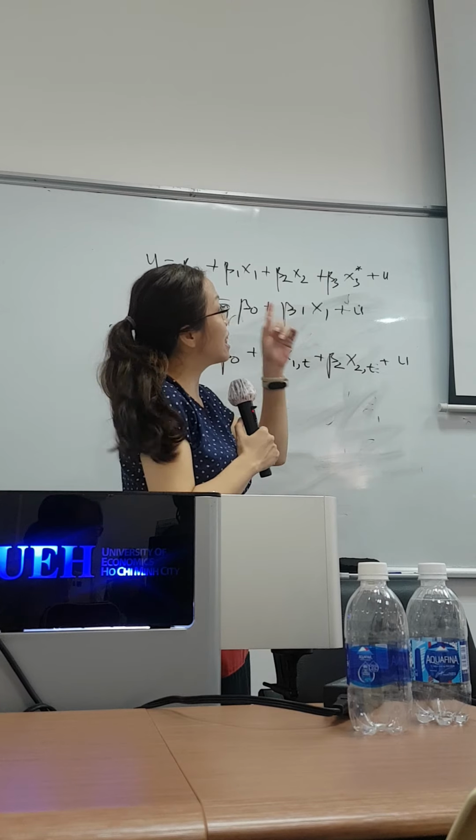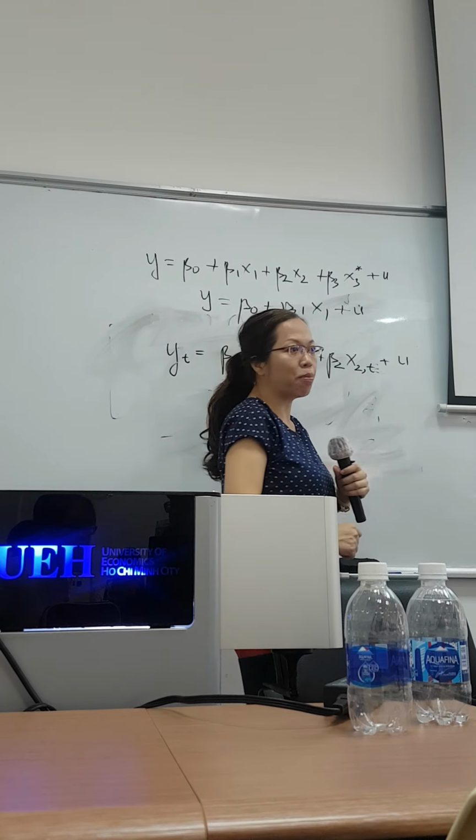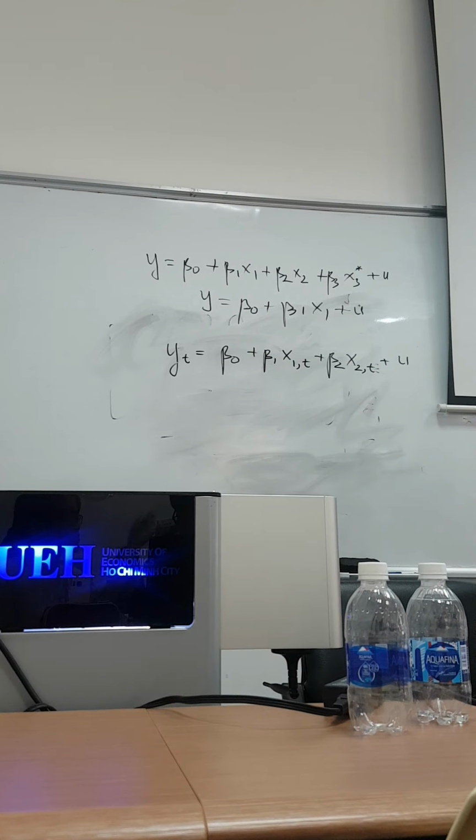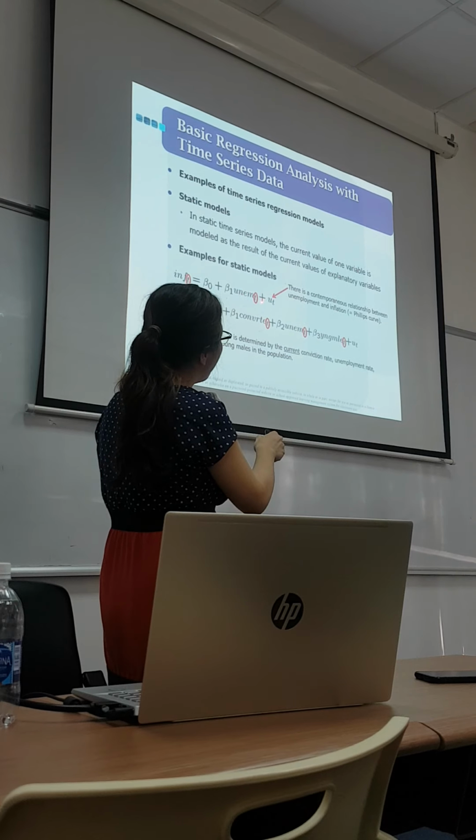First we look at the static model. In the static model, Y t is affected by the current x t. So you've got inflation at time t, explained by unemployment at time t.